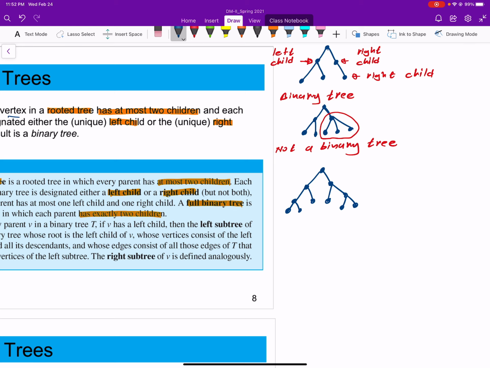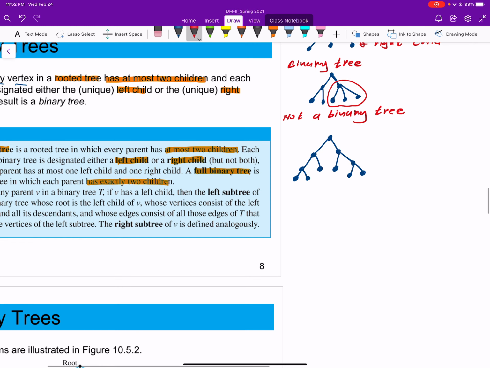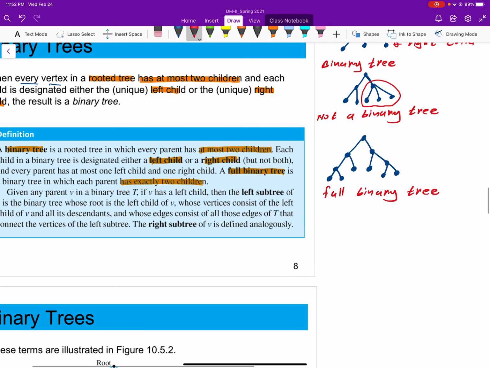This is a full binary tree. Every parent has two children.